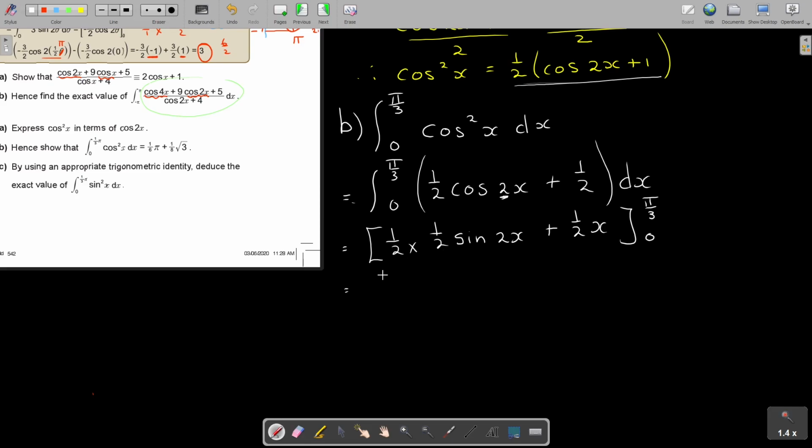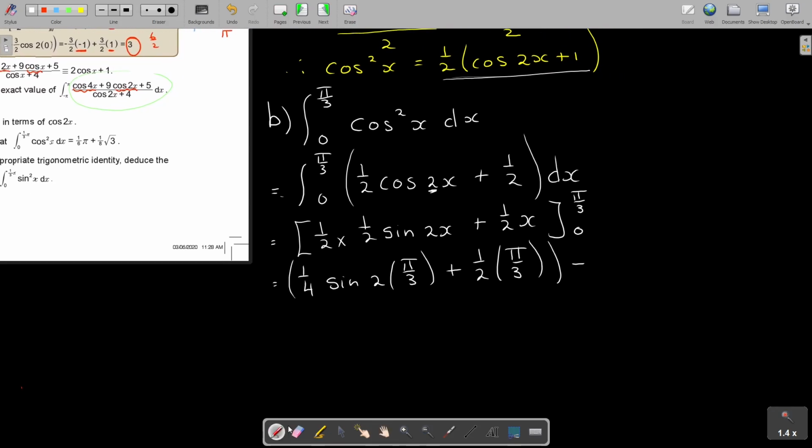So that is going to be a quarter sin, and I substitute pi over 3, plus a half times pi over 3, minus a quarter sin 0 plus a half times 0.